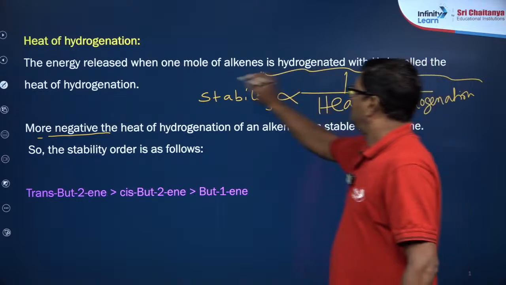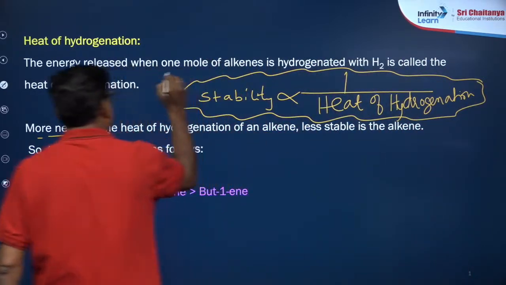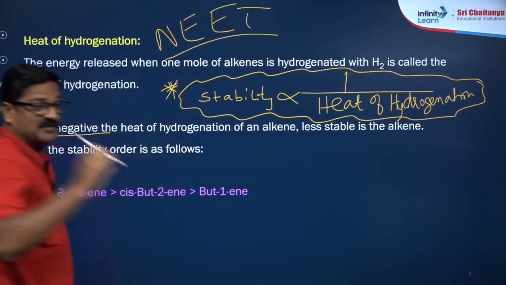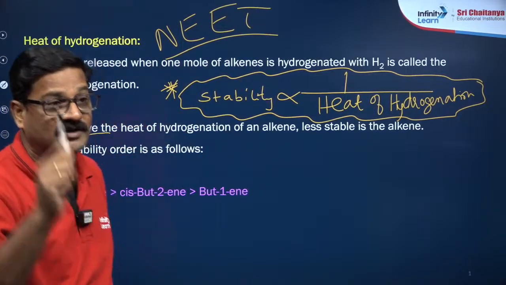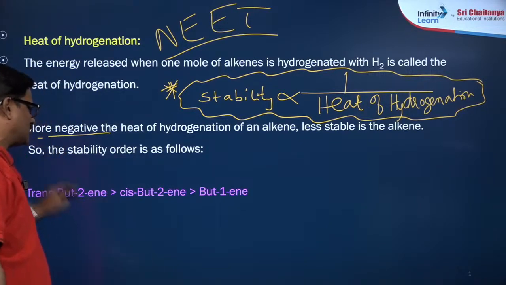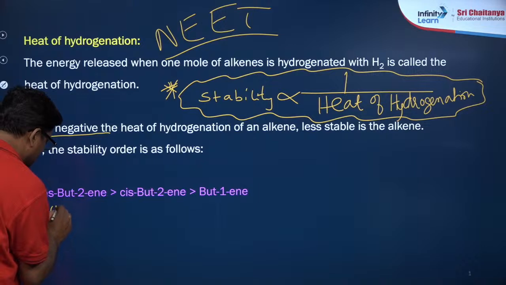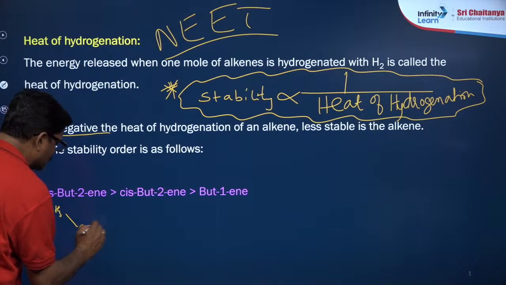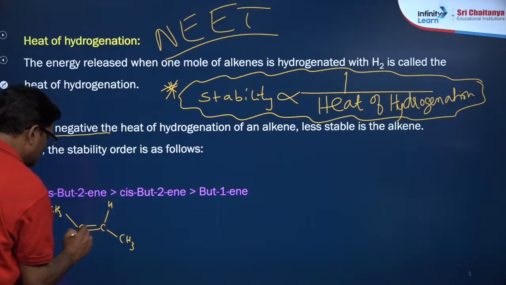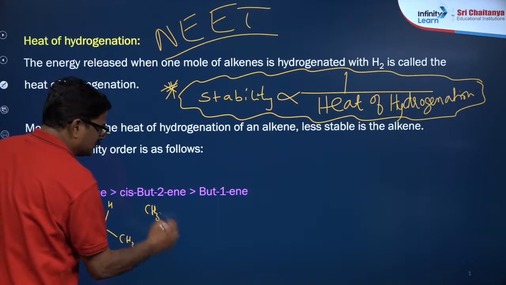Stability of an alkene is based on this particular tip. So based on this, my dear students, you can expect questions in the NEET examination. That's quite an important concept, right? So when you talk about trans-but-2-ene, see, this is trans-but-2-ene, and cis-but-2-ene.